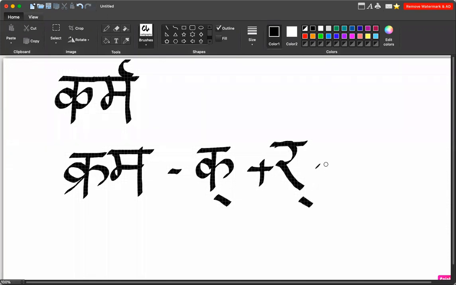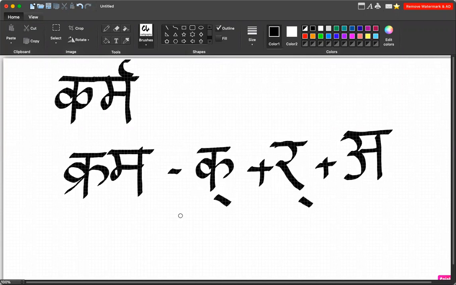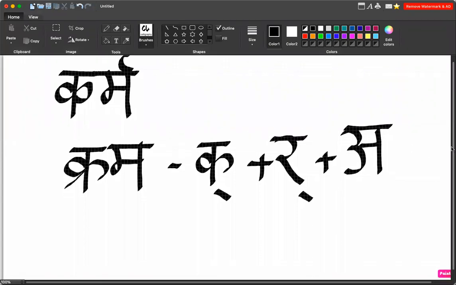Ideally, if you write a full vichhed, separating the vowels as well, if not then just ka halant and r. So this is kram.